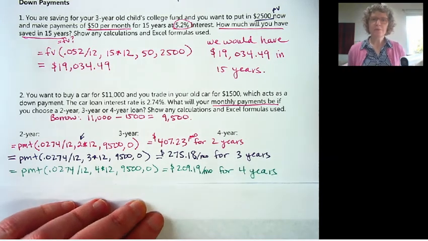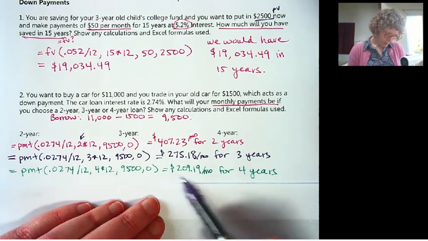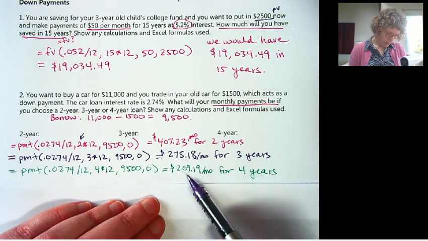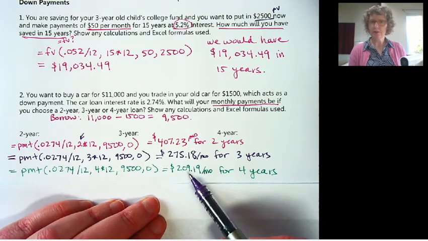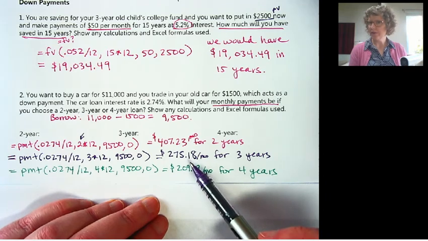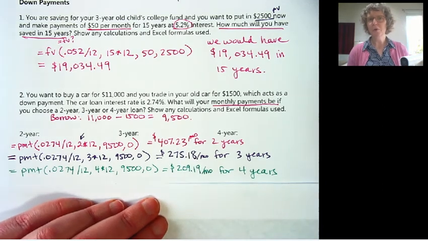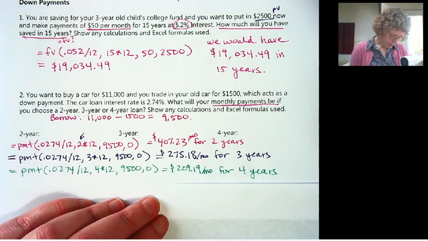So what do you think? Which payment would you choose? 4 years, the payment is definitely a lot lower, but I wonder if you're paying more interest overall. So maybe you want it to be paid off as soon as possible. So you want the biggest monthly payment you can afford. I don't know. It depends. It's very personal to your situation.